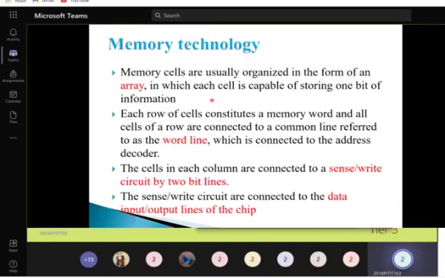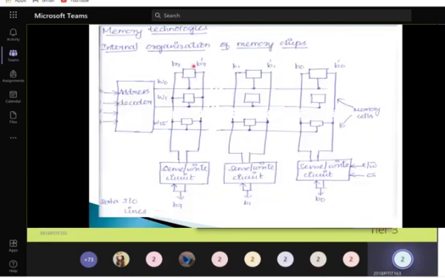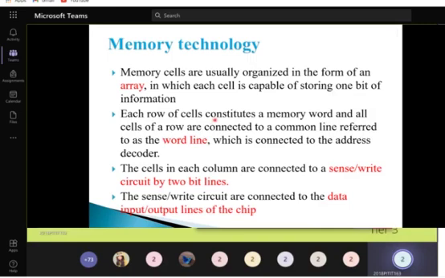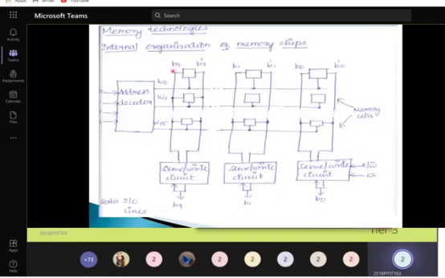Each cell is capable of storing 1 bit of information. And each row of cells constitutes a memory word.